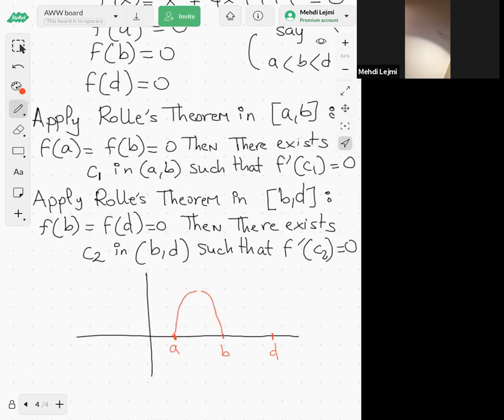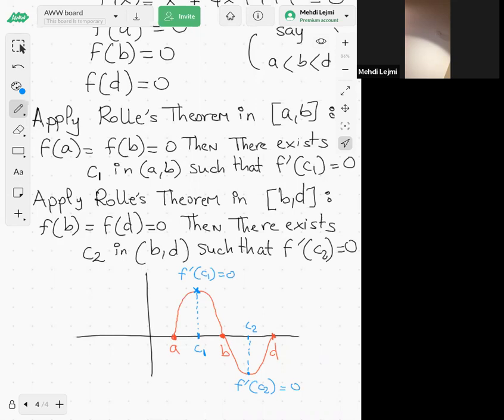There's a C1 here, which is a global maximum, so f prime of C1 is 0. And between B and D, there is a number C2, a global minimum, such that f prime of C2 is 0. That's all I'm saying using Rolle's theorem.